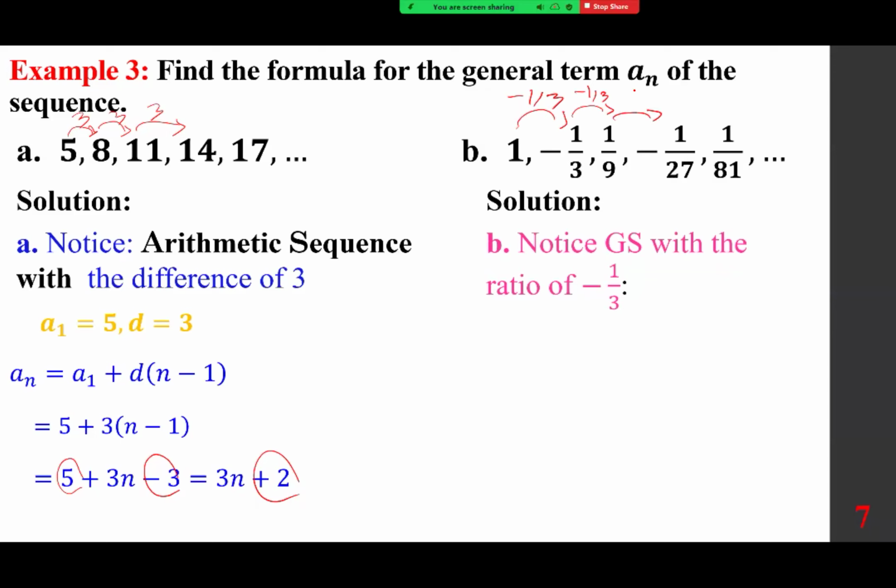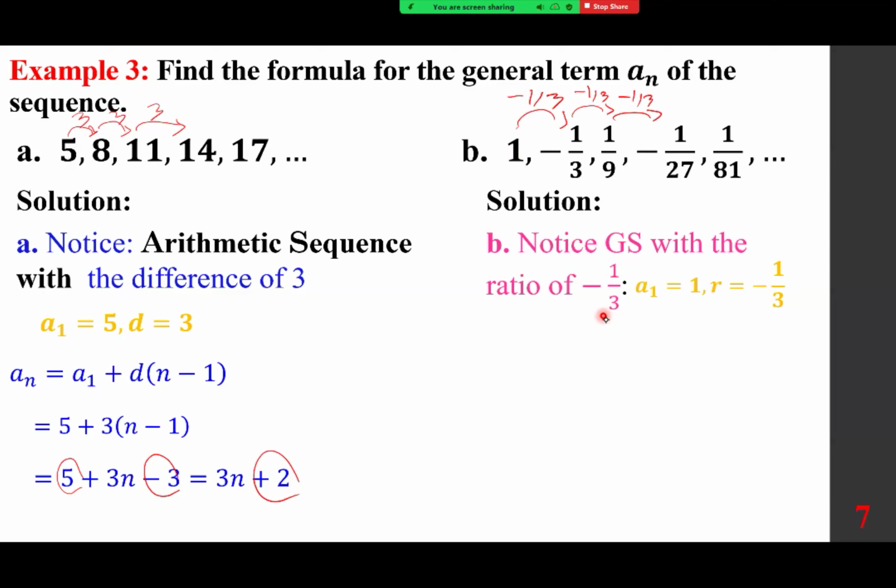You multiply by negative 1/3, it is negative 1/27. So you have a geometric sequence where a sub 1 is 1 and r is negative 1/3. So here's the first term, and here's the ratio, constant ratio.